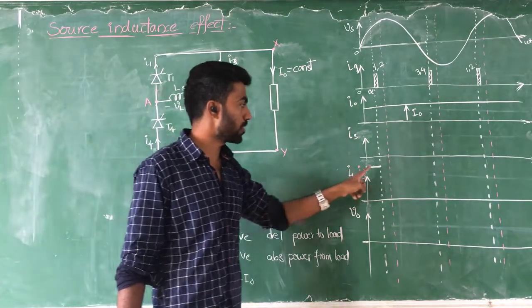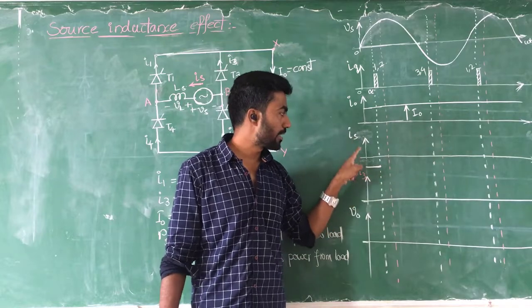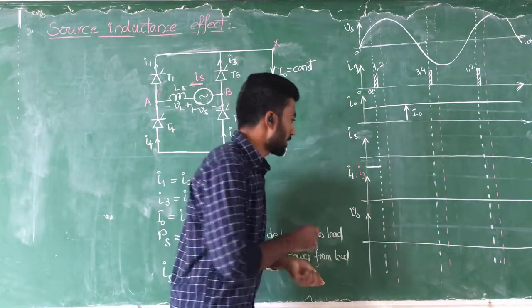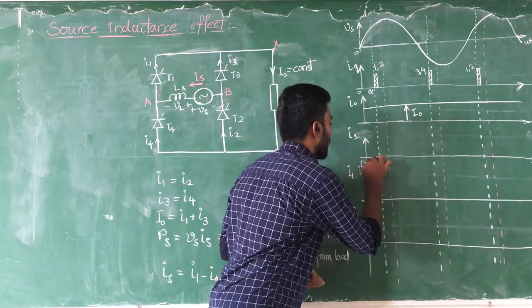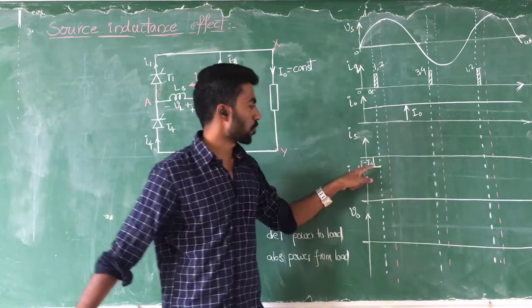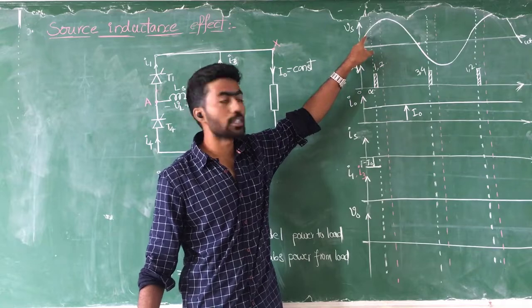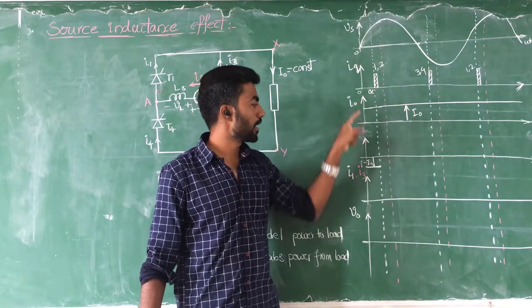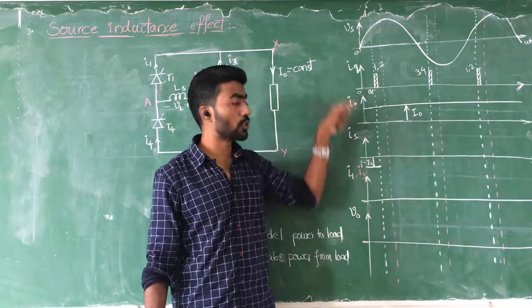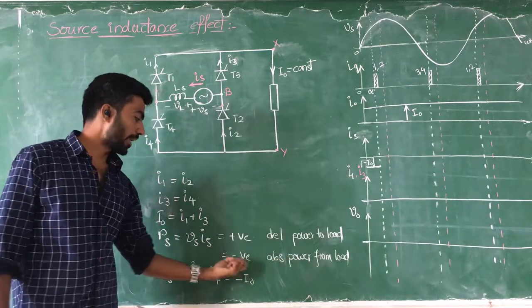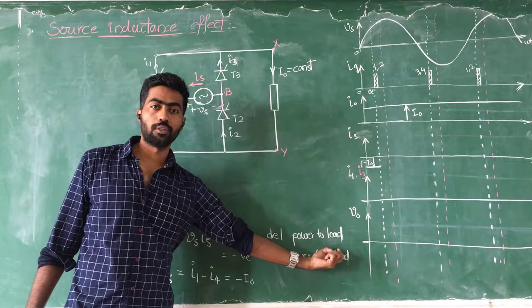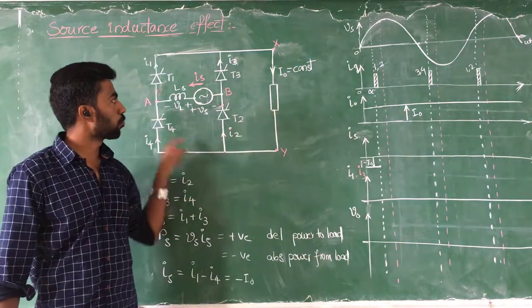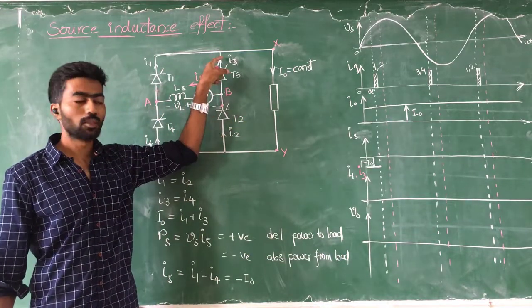If we clearly notice, before alpha, the source current IS is negative, minus I0. The voltage is positive, and positive voltage times negative current gives a negative value. So the source is absorbing power from the load. This is the opposing path.